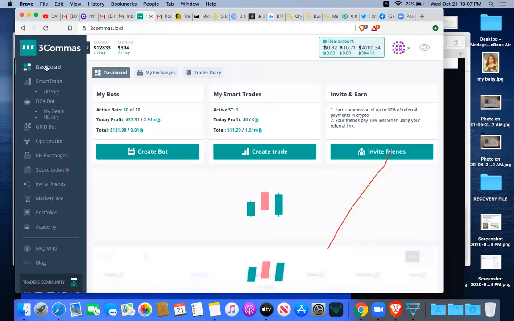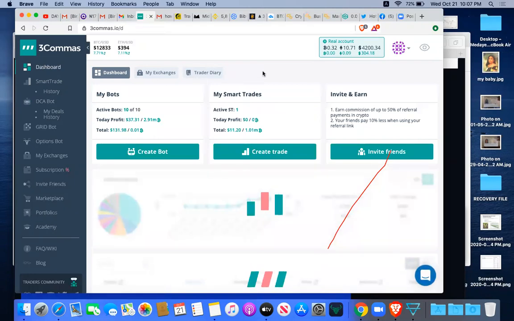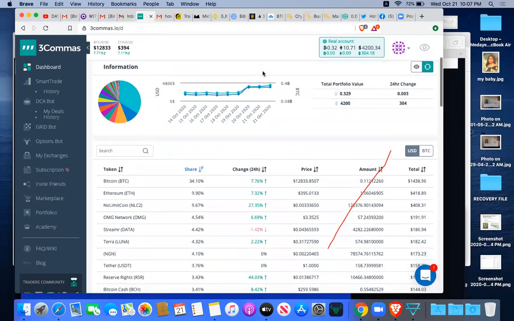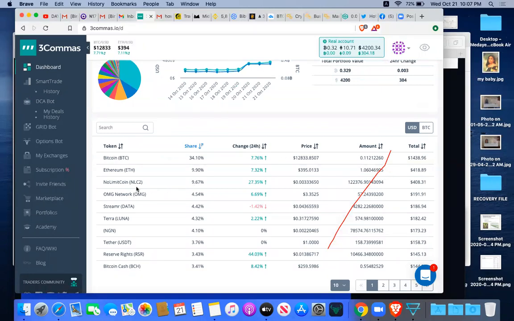Like I set market on my Bittrex because I'm trading Bittrex. I'm trading this coin, NLC2 on Bittrex. Okay, so everything now is just accumulated here, but I'm actually trading it on Bittrex.